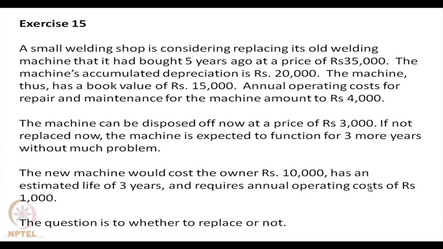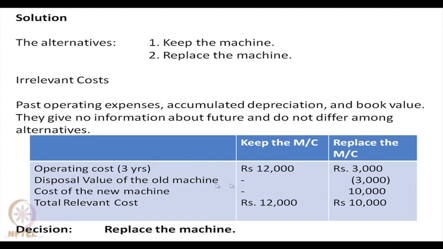The annual operating cost of the new machine is rupees 1000, whereas the annual operating cost of the old machine is rupees 4000. So, 4000 into 3 is 12,000, but the operating cost of the new machine is 1000 into 3, 3000, and this 3000 is the amount that the shopkeeper will get by selling off its old machine.